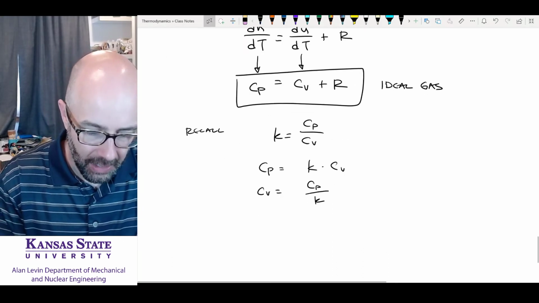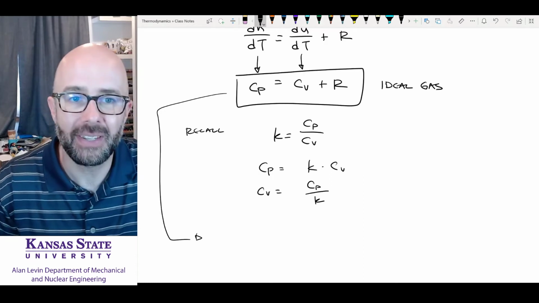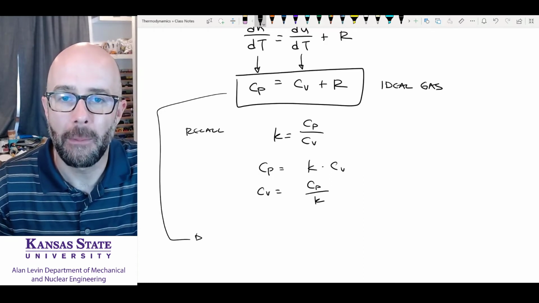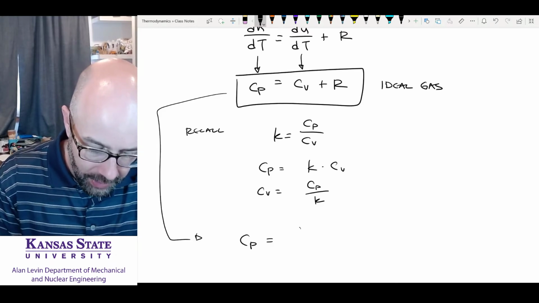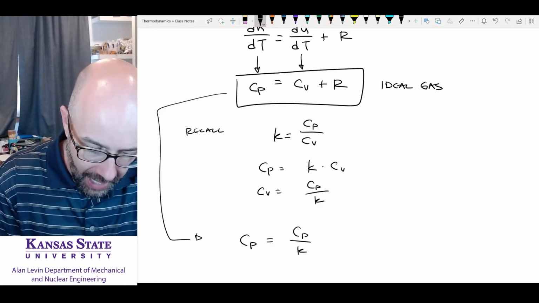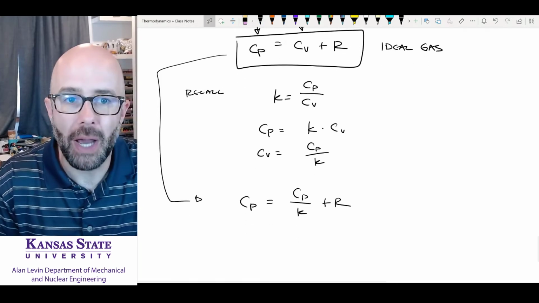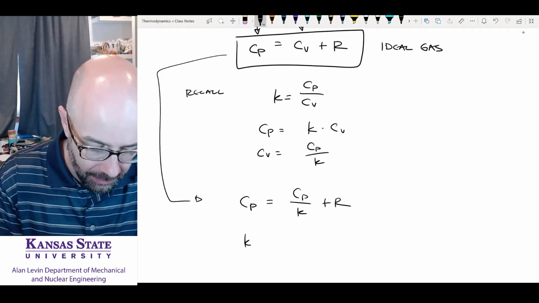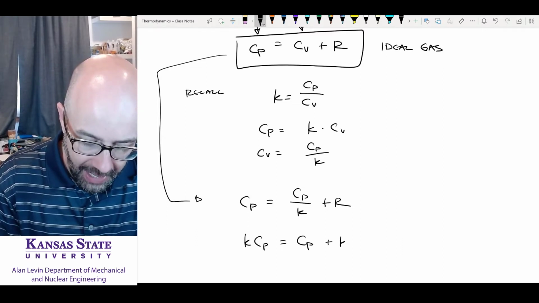So if I want to go up into this equation and replace C sub V with C sub P, I can get C sub P is equal to C sub P over K plus R. And now I'm going to do some algebra. I'm going to multiply through by K. So K times C sub P is equal to C sub P plus KR.